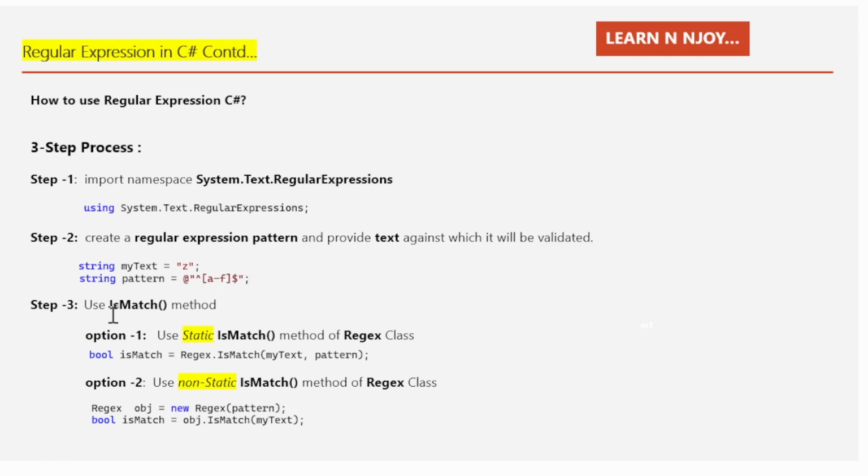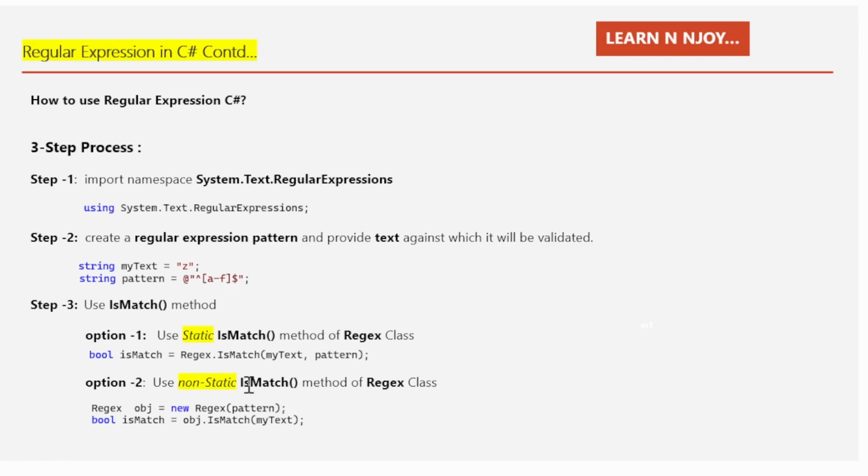Step number three, we need to use the IsMatch method. There are two options. Option number one, use the static IsMatch method of the Regex class. We just write Regex.IsMatch and pass myText and the pattern. It accepts two input parameters: the first is the text that will be validated against the pattern, and then we mention the pattern.